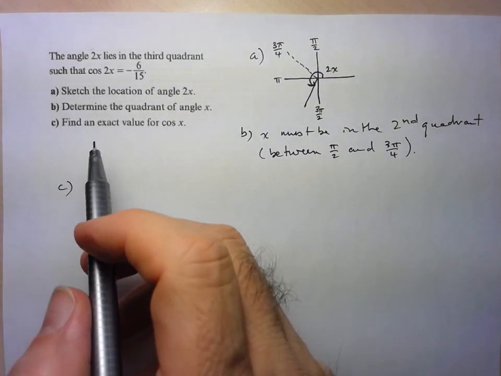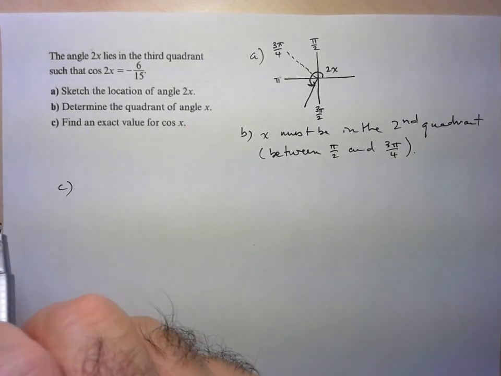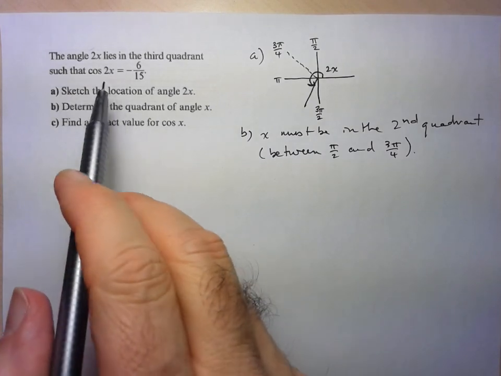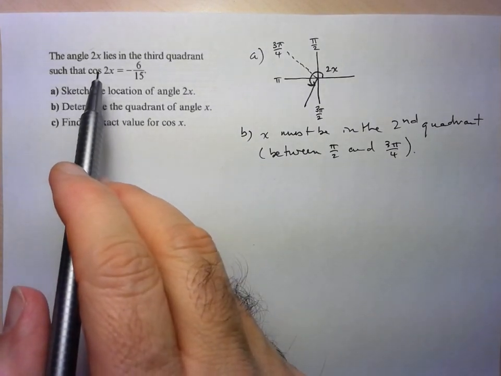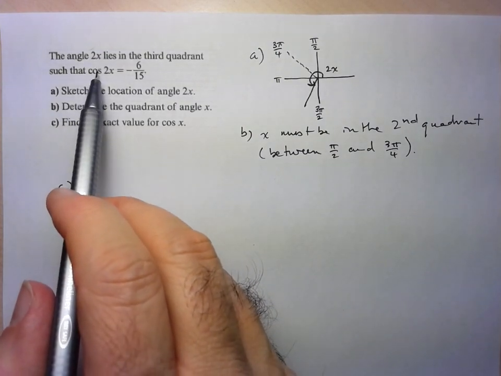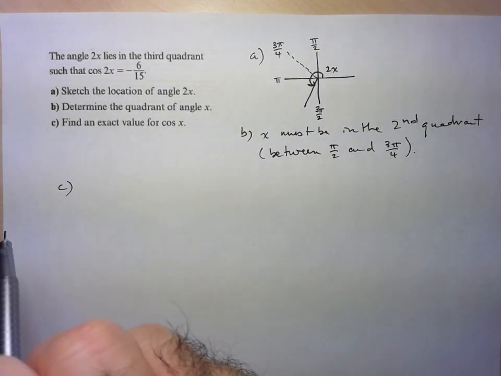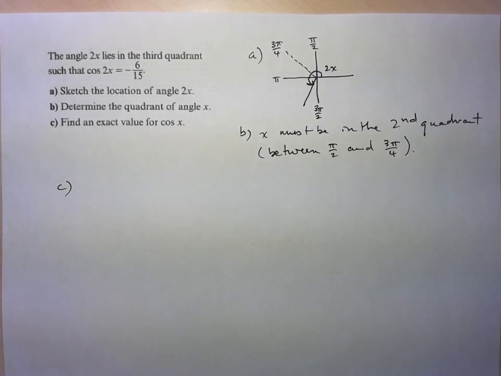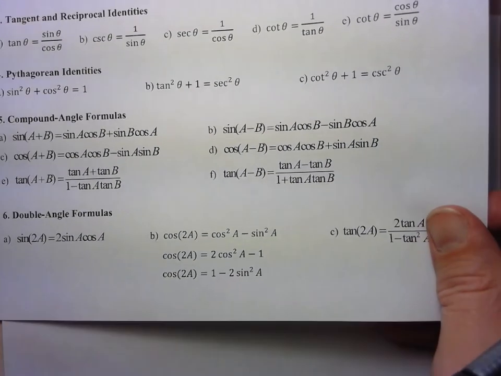So here they're asking us to find an exact value for cosine of x. Okay, but the information they give us relates to cosine of 2x. So we have to ask ourselves, is there a connection between cos 2x and cos of x on its own? Okay, and this is where I hope you'll think about looking at your formula sheet at those double angle formulas.